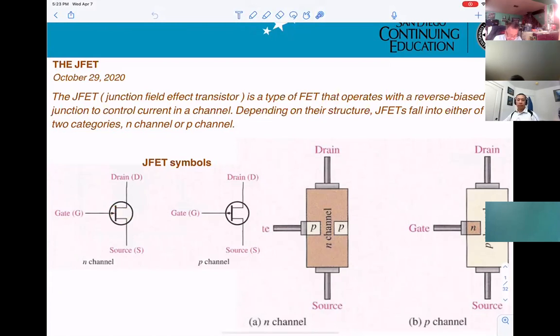For the P-channel, the arrow is pointing out. The first thing you can see, you get the drain, the gate, and the source. And basically they display the physical structure for the N-channel and also the P-channel.